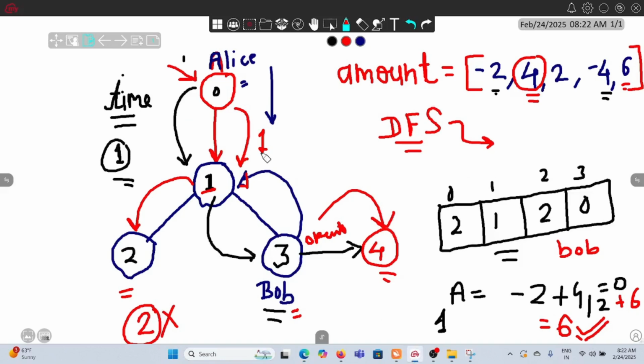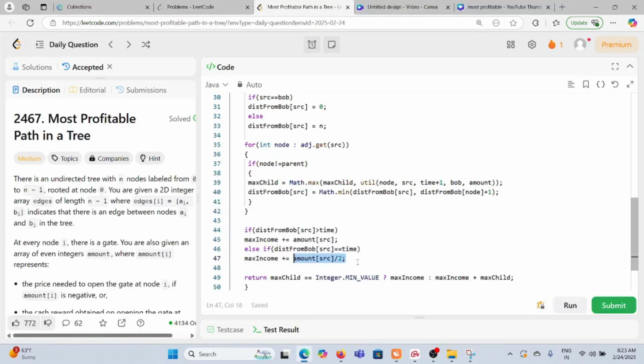Just like we did in this case, right? When Alice reached from 0 to 1, bob also reached from 3 to 1. So the distance from 1 is 1, and the time is also 1 for Alice to reach here. In that case we were dividing this value 4, right? 4 was divided by 2. So to handle that case we are doing this. Okay, if distance is equal to the time, we are dividing.